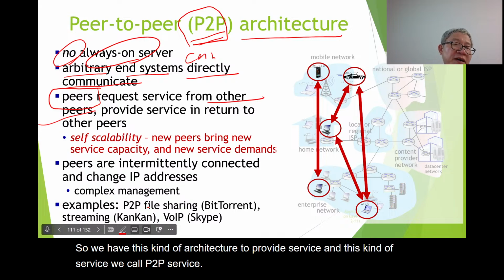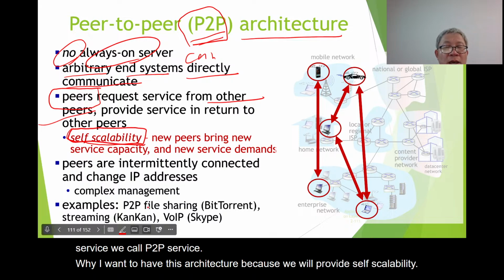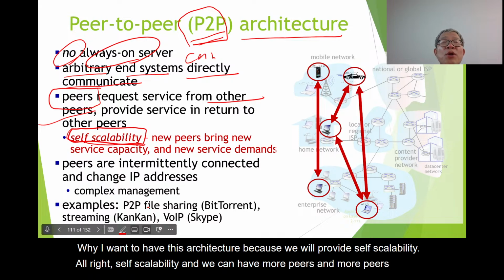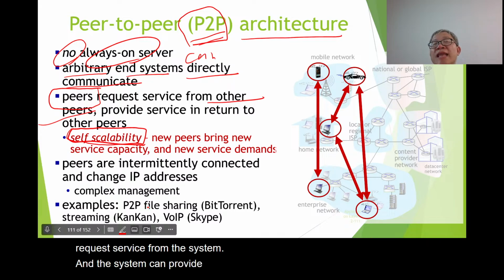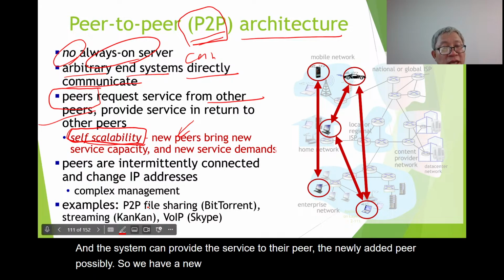Why do we want to have this architecture? Because it provides self-scalability. All right, self-scalability, and we can have more peers, and more peers can still request service from the system. And the system can provide the service to that newly added peer possibly. So new peers bring new service capacity.